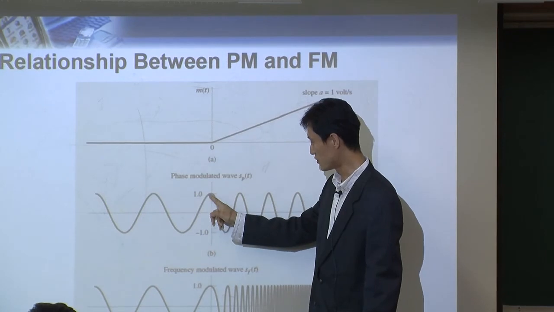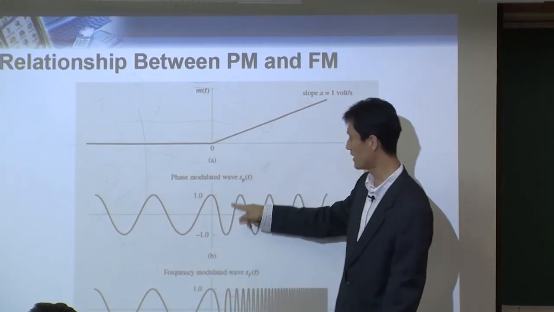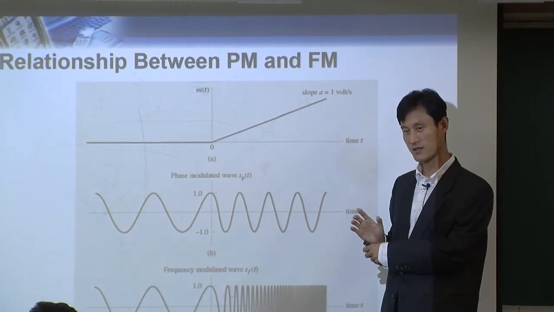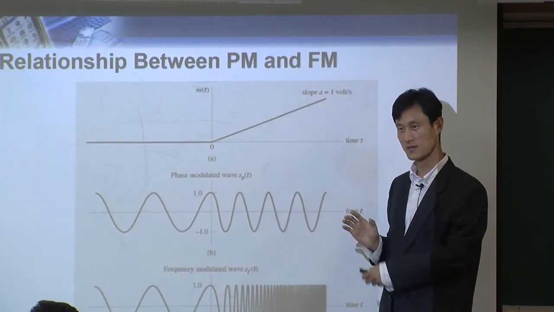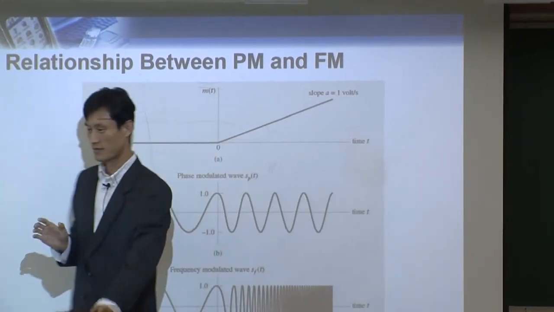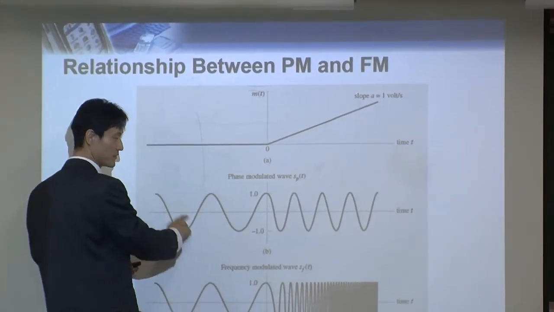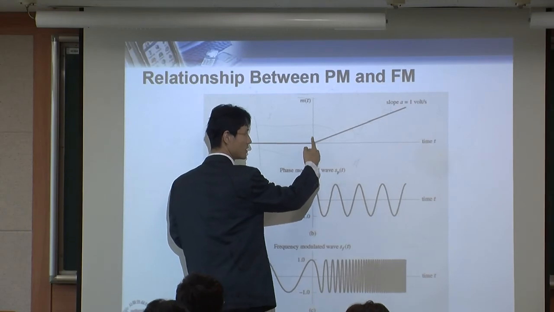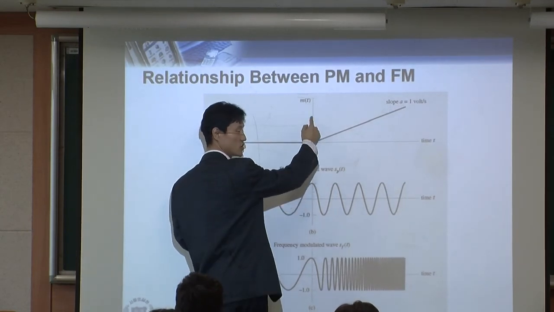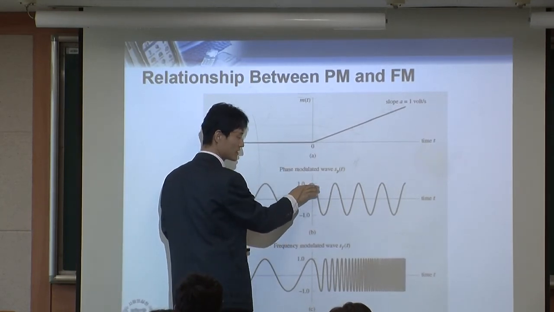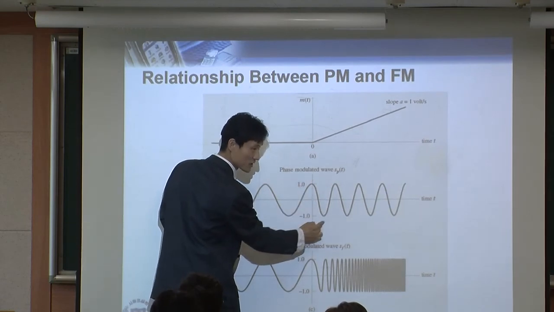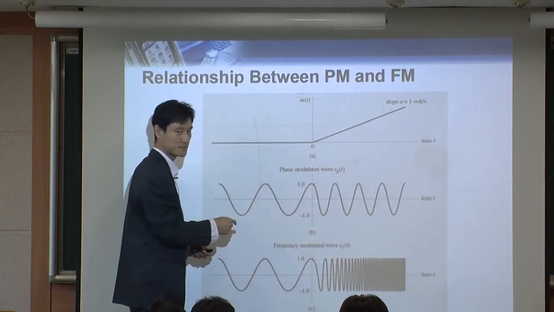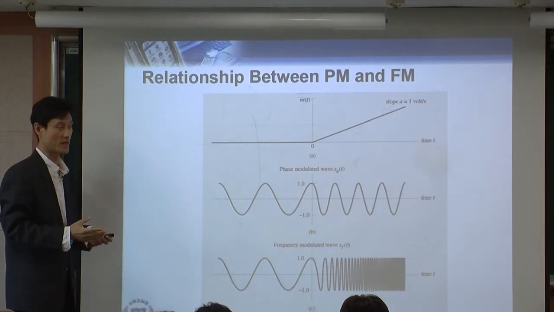Suddenly here you have a phase shift, and then using the same frequency. That's what happened, right? Simply. Do you understand what I'm saying? You're going to have the same frequency here in the PM, but since suddenly the value changes, your phase is suddenly changed into some other phase, and then keep going with the same frequency. That's what's going to happen.